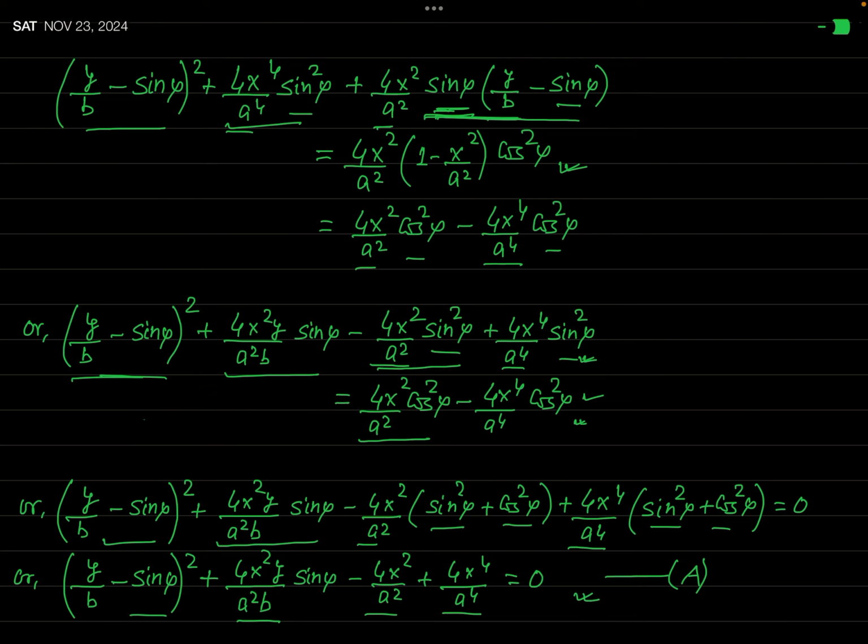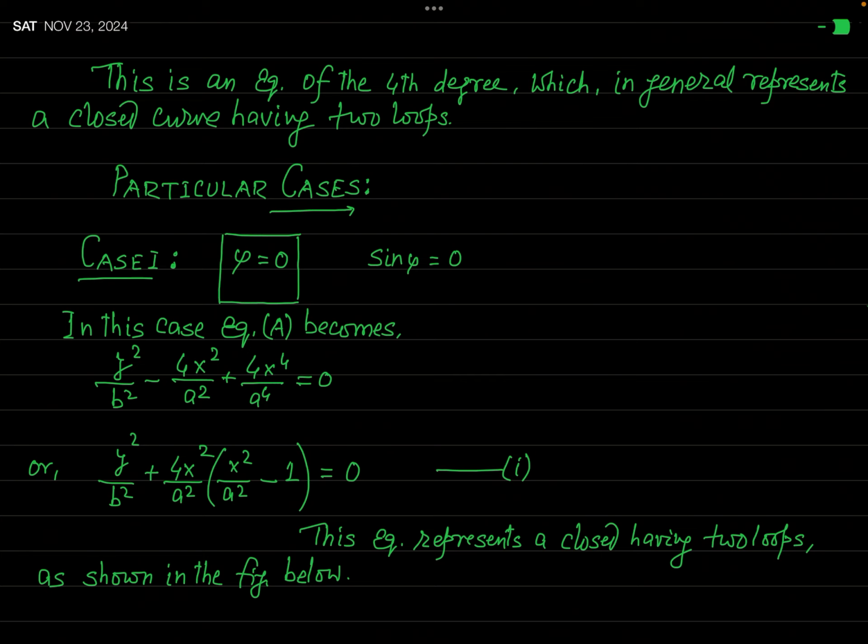Okay. You can see that this equation is of fourth degree. Here the highest power on x is 4 and therefore you can say that this equation is of fourth degree. Actually this fourth degree equation in general represents a closed curve having two loops like this.